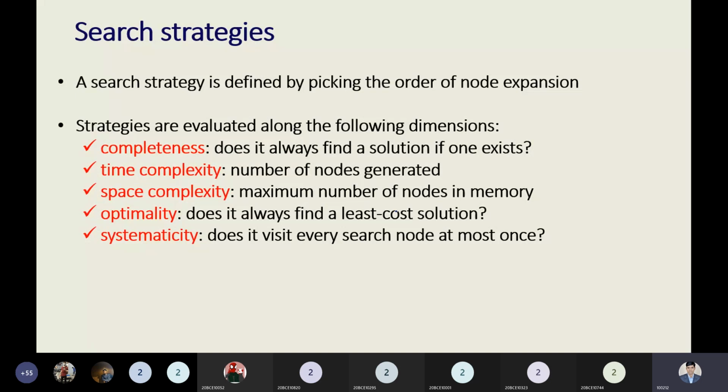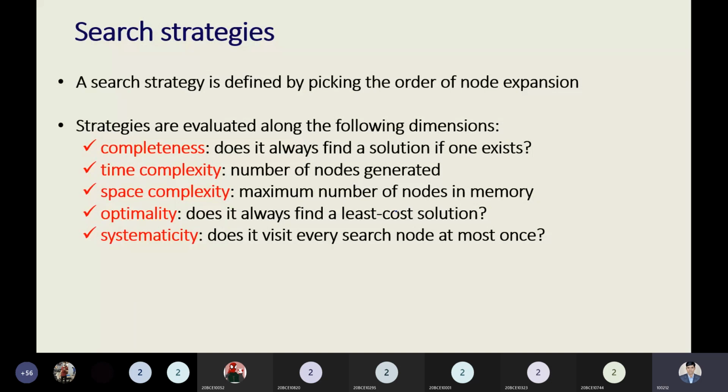So it's a better idea, as you can see in the last point, systematicity. I'm taking it first. It is saying that while following the search tree, a node should be visited at most once. You can visit twice, but you are unnecessarily increasing the memory. So try to avoid increasing the space or the time.